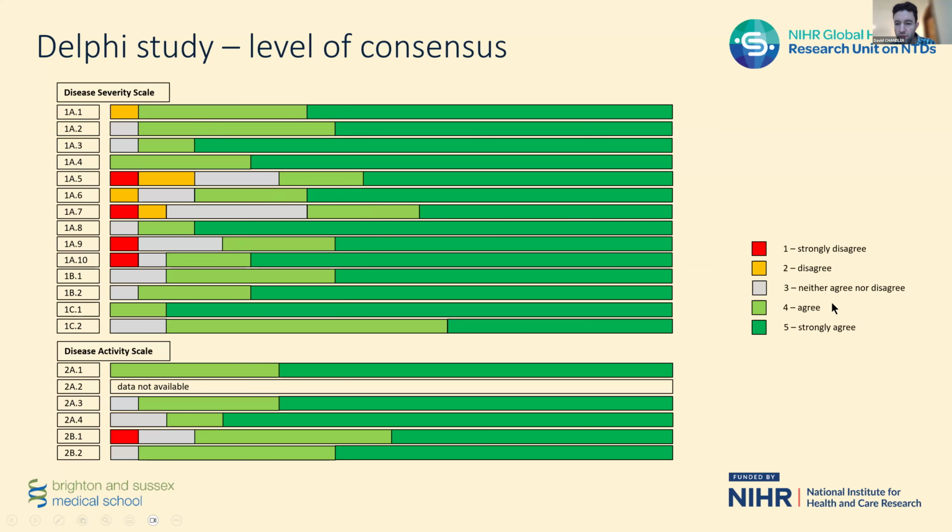So the dark green was strongly agree, and then the light green is would agree, through to the red, which was strongly disagree. So you can see for each of these items, there was a high level of agreement, sort of 80 to 90% in many cases, to include these items in the scale.